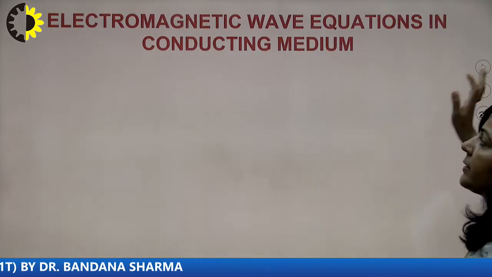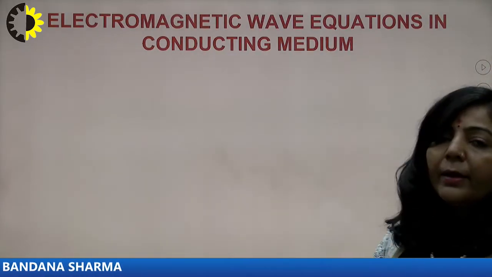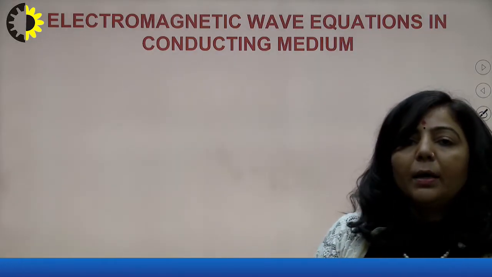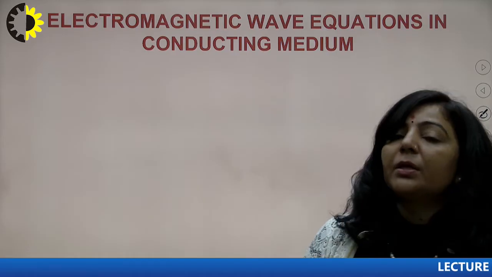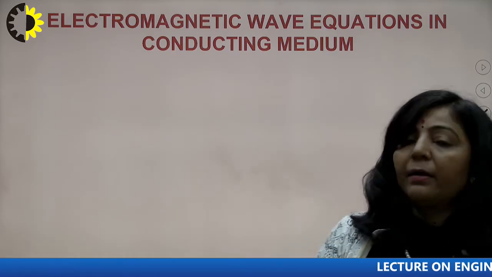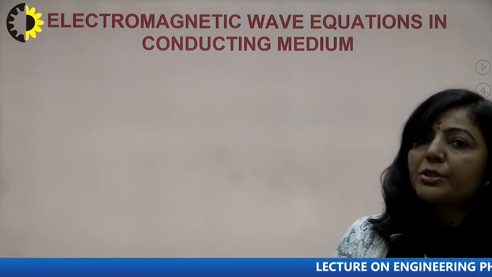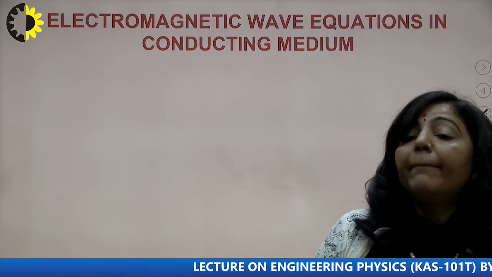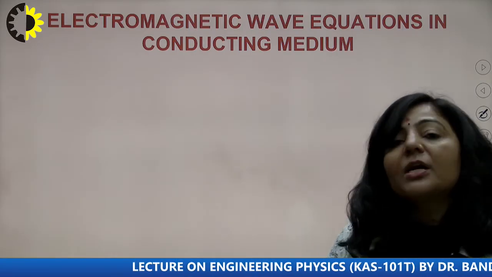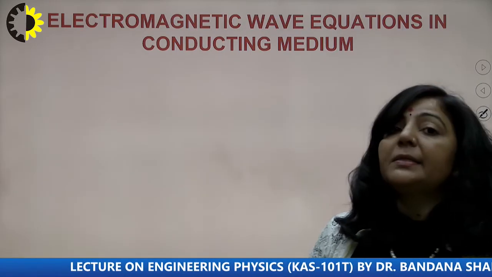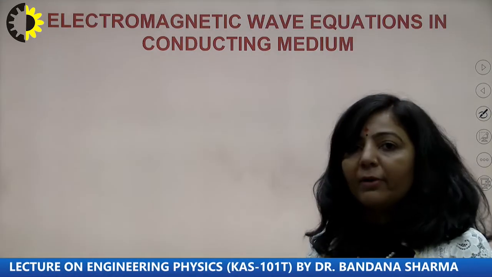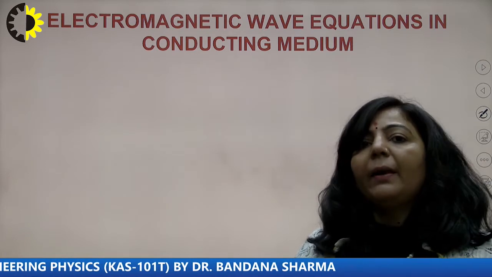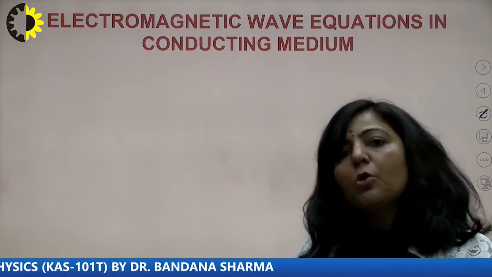Now coming to the next topic. The topic mentioned in the syllabus is skin depth. How we get the term skin depth, we can understand with the help of electromagnetic wave equations in a conducting medium. This derivation is not in your syllabus, but the concept of skin depth we can understand only with the help of these equations. In the previous lecture, you derived electromagnetic wave equations in free space or vacuum.